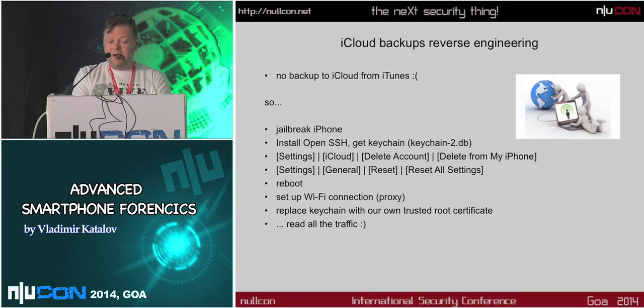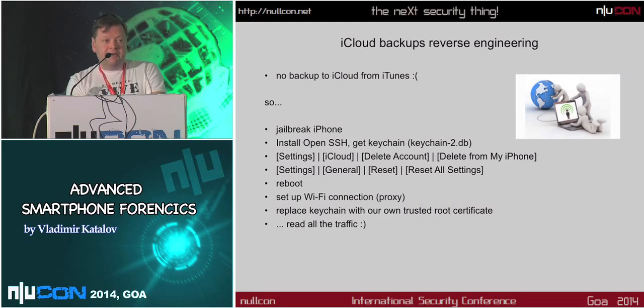So how have we reversed it? We installed the jailbreak on the iPhone, and then we installed OpenSSH, got the keychain from the iPhone, and then deleted the iCloud settings, made the reset, rebooted, and then we set up the proxy.